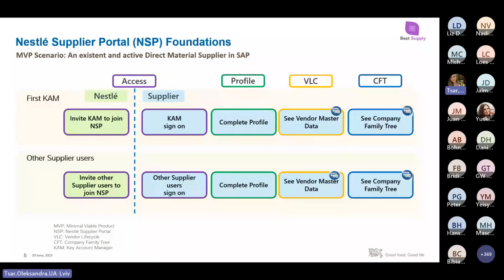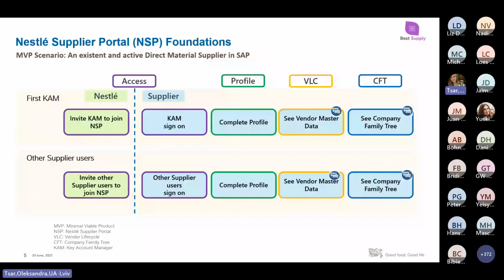So this is the first one, and the second one, which is most recommended from our side, is that your key account manager can propose who within the company needs to have access to the Nestle Supplier Portal. The purpose of this is that the key account manager from your company has the needed knowledge of the people and functions that would better get the knowledge or information out of the portal.